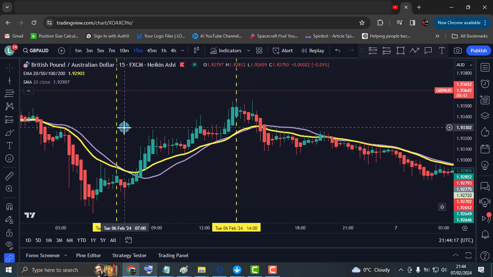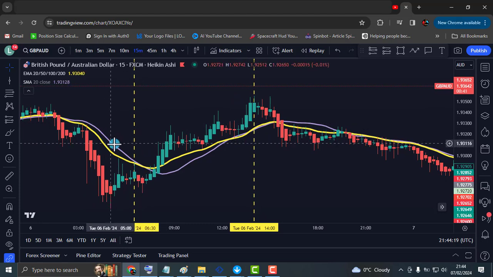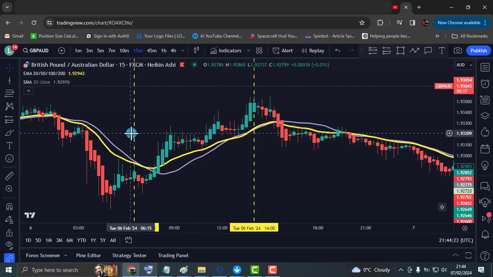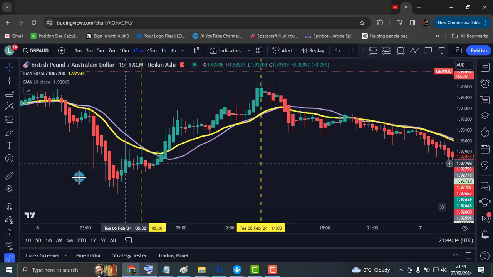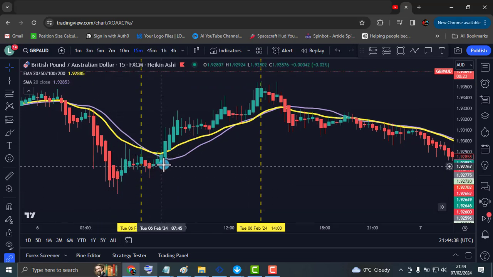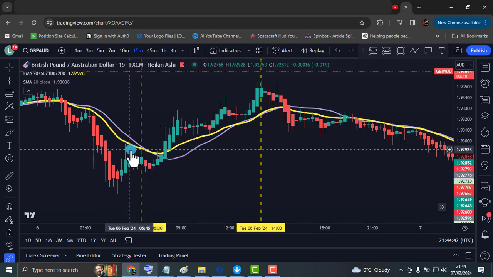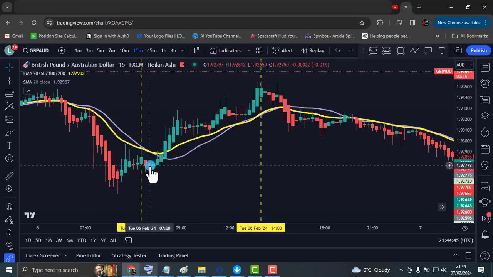Over here on 15 minutes, one of my favorite time frames to trade, I was relying on the EMA, exponential moving average. We can see price is trying to break through it, and it ties in a bit of moving averages and a bit of the previous lesson about doji candles.